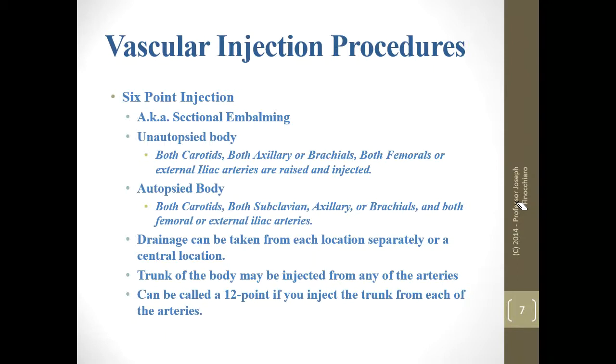So both carotids remain the same, both subclavians if we need to, or axillaries, brachial, something in the arms, whatever we can find, both femoral or external iliacs. So the only thing that we add with the autopsied body is the subclavians, because those can be found with the flaps open.